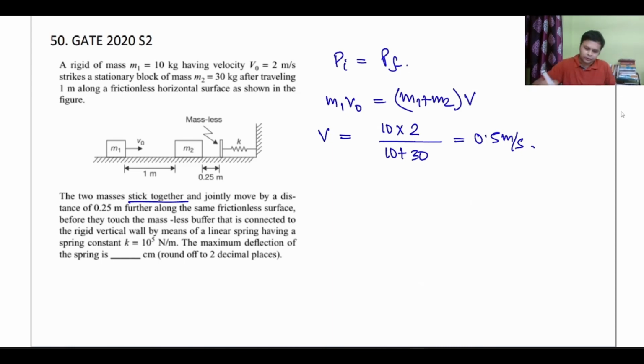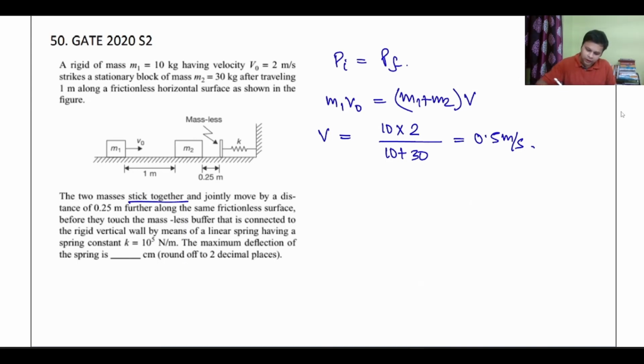So what is the kinetic energy of the system? Now, there is no friction, so this energy will continue as the whole system M1 plus M2 strikes the spring and then starts compressing it. What is going to happen? This kinetic energy will get converted into the spring potential energy. So what will be the maximum deflection of the spring? When all the kinetic energy of the system has been converted into spring potential energy.